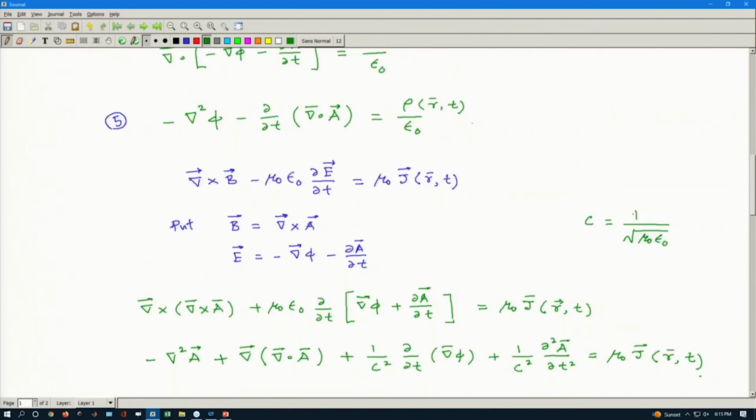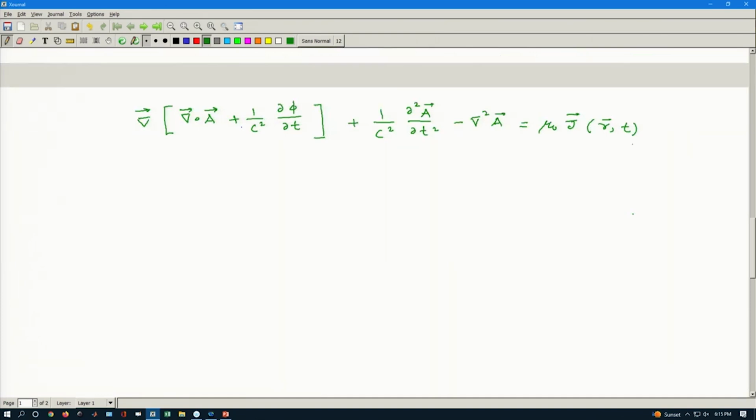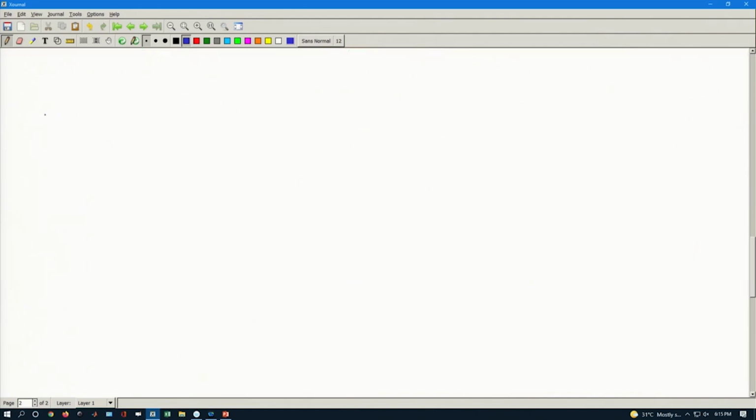So, I can't do much after that. So, we need to put certain conditions here, so that we are going to discuss. So, this is say equation 6. So, let me jot down what we get so far.